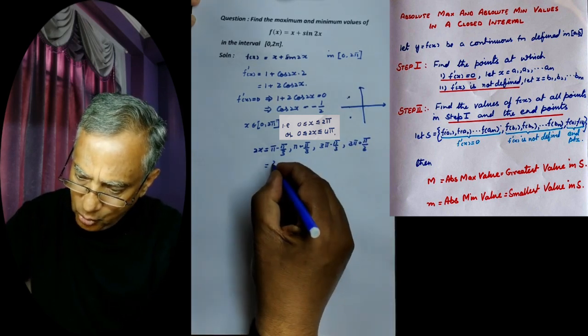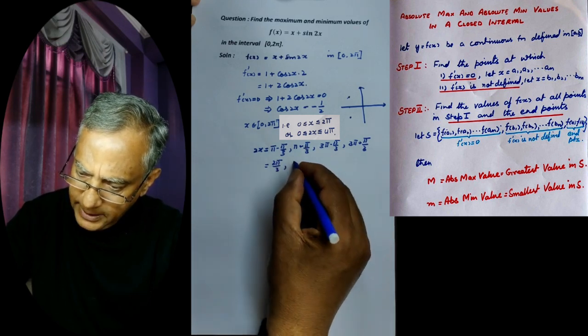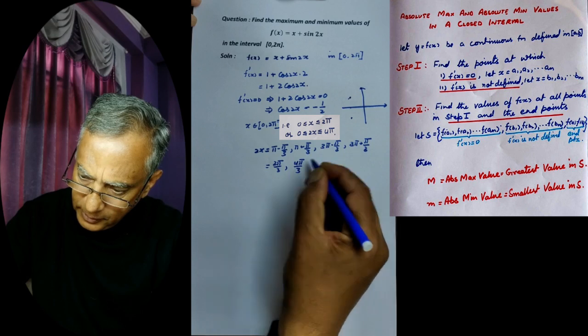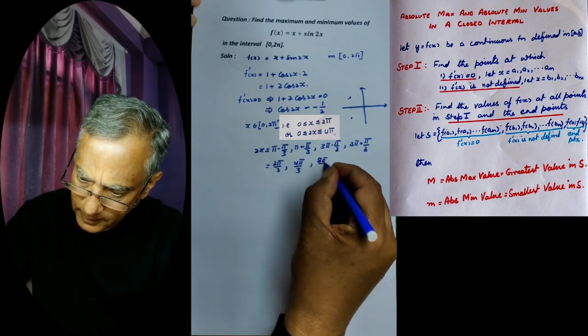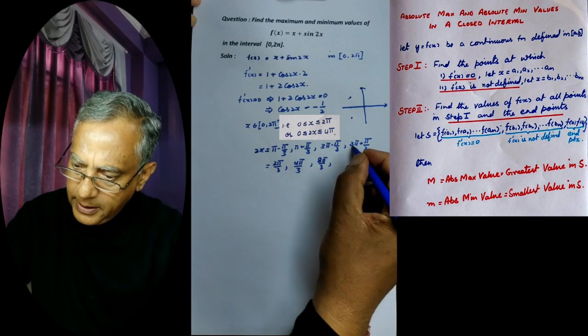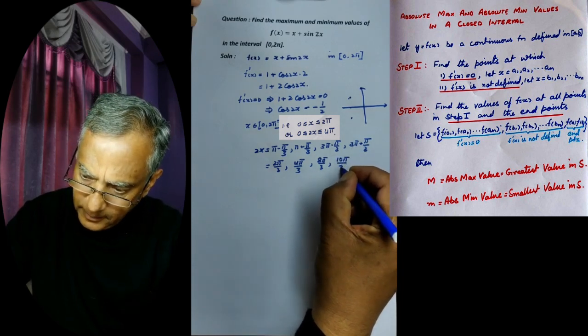This is equal to 2 pi by 3. This is 4 pi by 3. This is 9 pi minus pi, which is 8 pi by 3. And this will be 9 pi plus pi, 10 pi by 3.